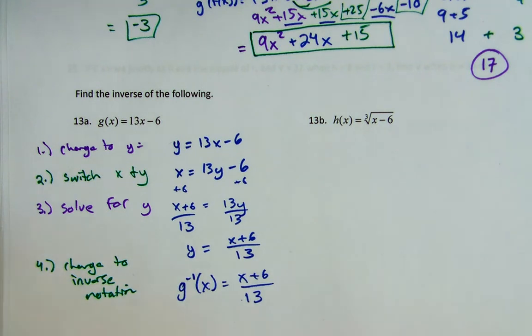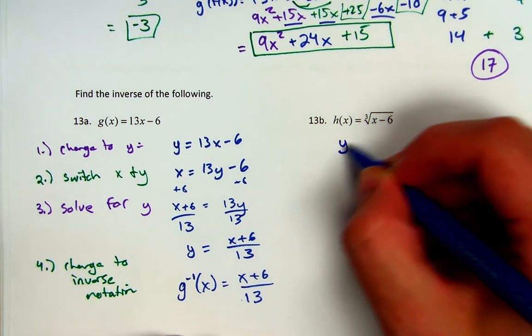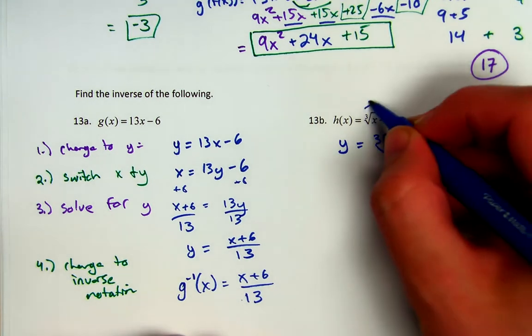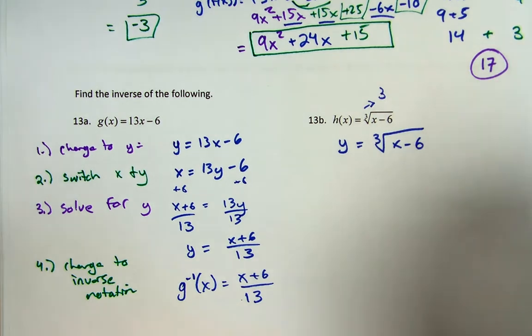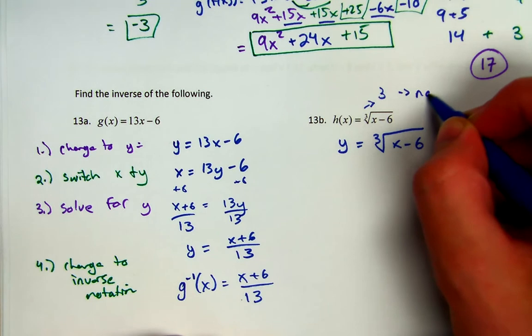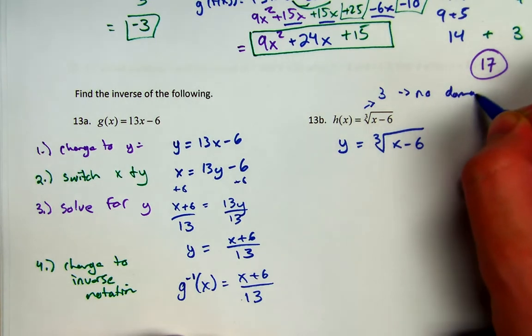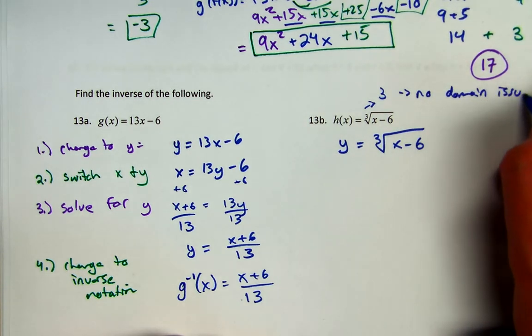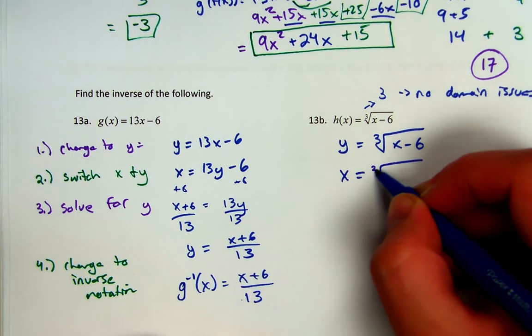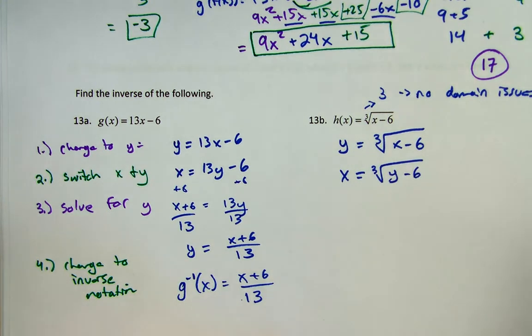So same process. Change it to y equals the cube root of (x minus 6). Note that this is a 3, and that means that I don't have to worry about domain, so no domain issues. Switch x and y, x equals the cube root of (y minus 6).